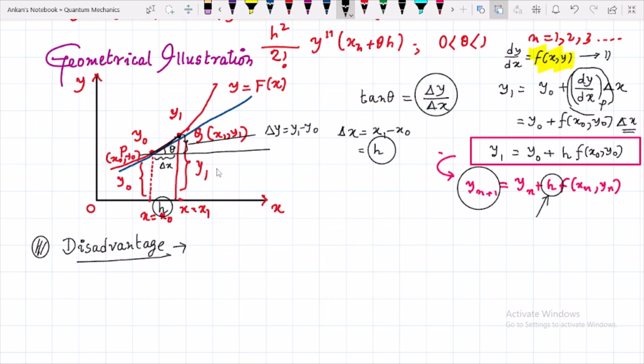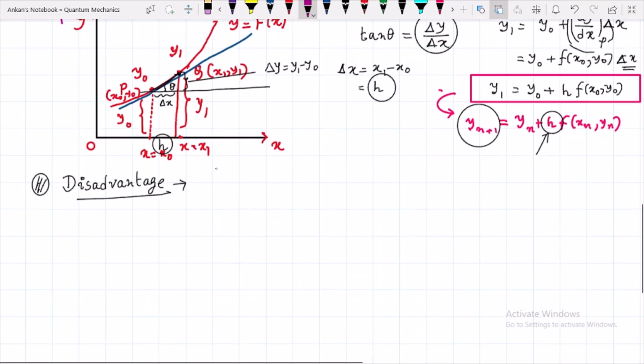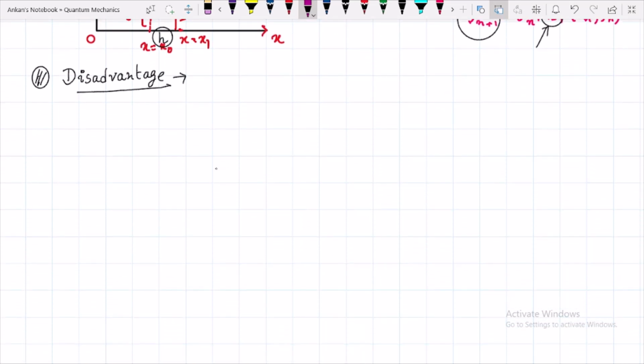At first I would like to pick a very simple problem: solve dy/dx equal to x plus y.